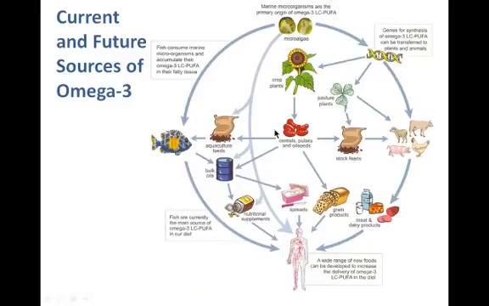Some of the products of these now genetically modified foods can be either eaten directly or fed to animals to increase the omega-3 content of foods. So these strategies are being used now, and some of them will actually come into reality as we see the need for greater sources of omega-3 without actually harvesting all the fish in the ocean.